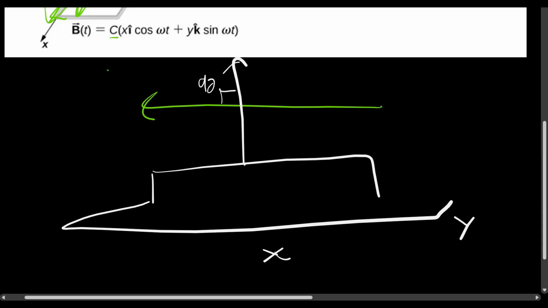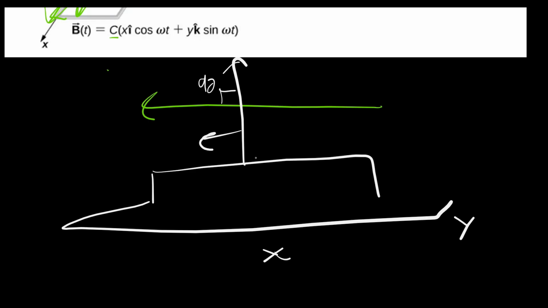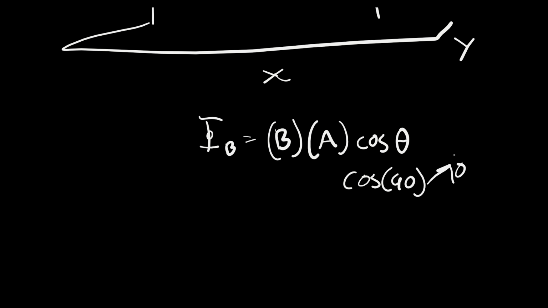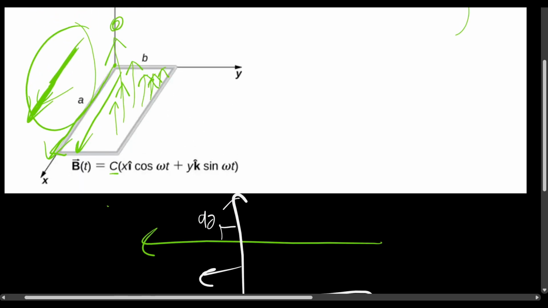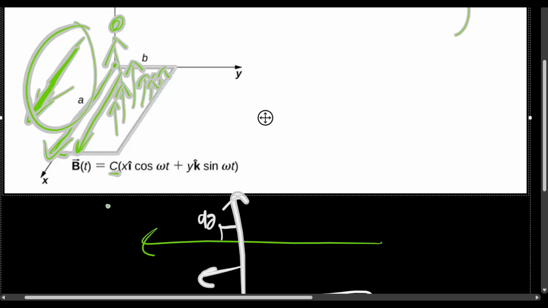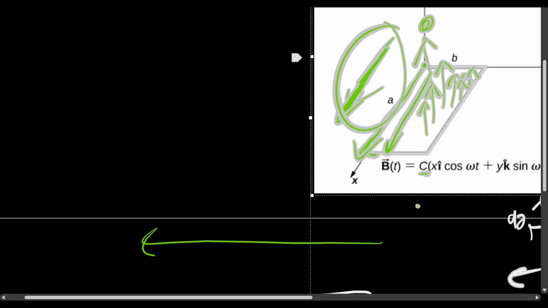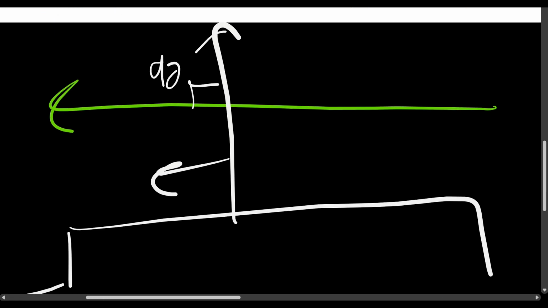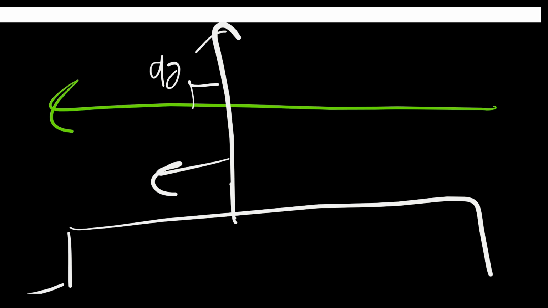Now our magnetic field vector is directly to the left, and our area vector is directly up, and that means that our angle is 90. Cosine of 90, of course, is 0. The significance of this is that at every location in this drawing, no matter what, you are going to get that setup of a 90-degree angle between the area vector, or the normal of the area, and your magnetic field.